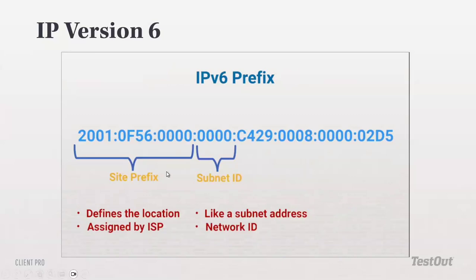Now, speaking of network address, the network address, which is in our prefix, we can split up into the site or the location. That would be assigned by your ISP, and then we can create subnets within that. This will be like a subnet address.